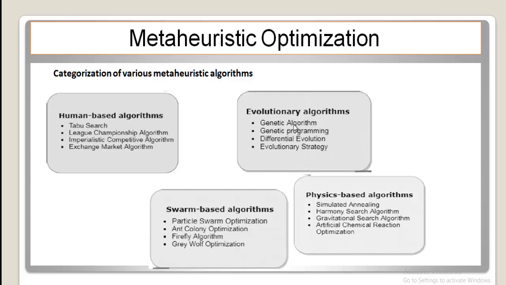And the last one is the physics-based algorithms. The inspiration is based on the principles and concepts of physics. There are a lot of algorithms included in those categories, as we can see here.